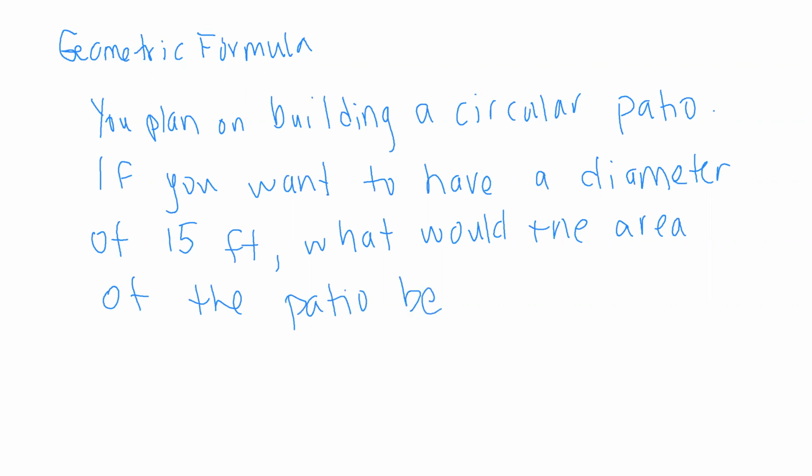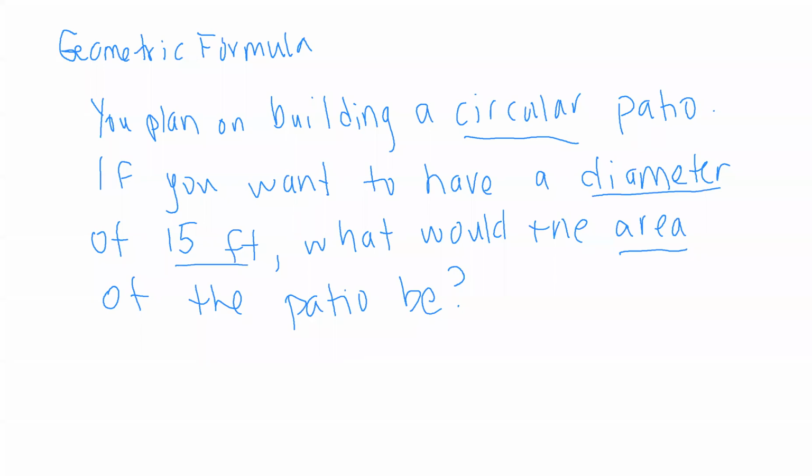Okay, so in this particular question, we're not given a formula explicitly, they don't have the formula sitting in the problem, but they give you enough information that you know you're looking for the area of a circle. So I'm going to sneeze. That's what I love about these videos. You never know what's going to happen. Okay, so you have a circular patio, we're interested in the area, and we have a diameter of 15 feet.